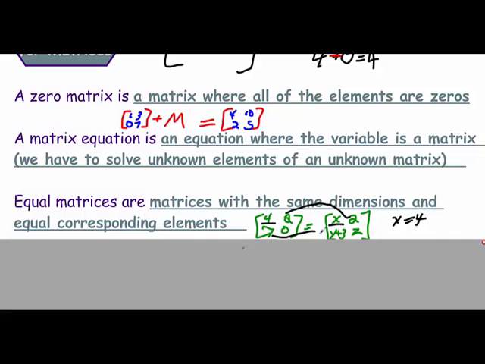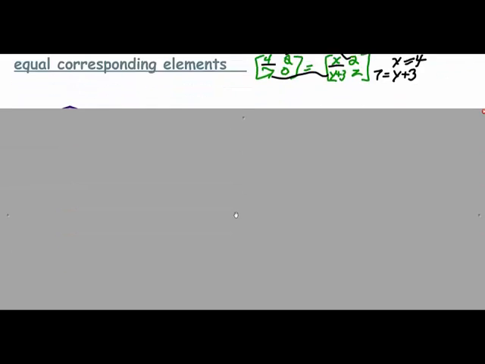Here, 7 equals y plus 3. So what would y have to equal if 7 equals y plus 3? Well, something plus 3 equals 7. Maggie, what would that something have to be? It'd have to be 4. I don't know if you heard her say that, but she did. So that's what we can learn about equal matrices.